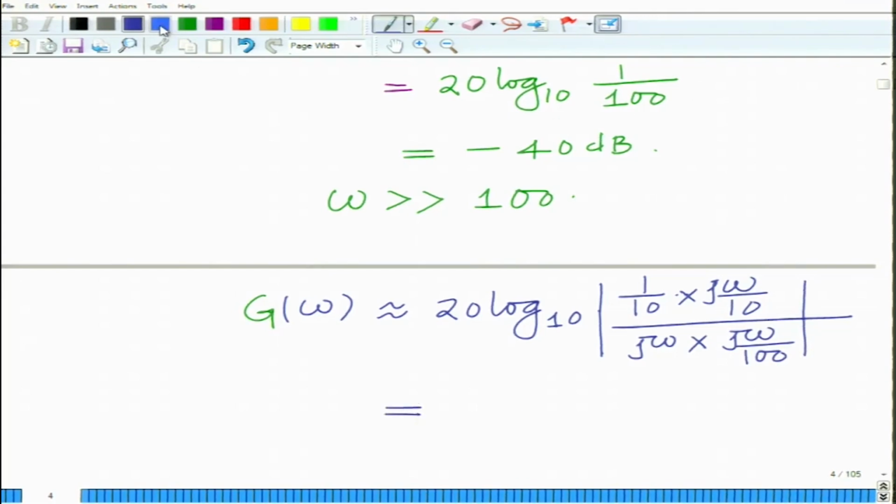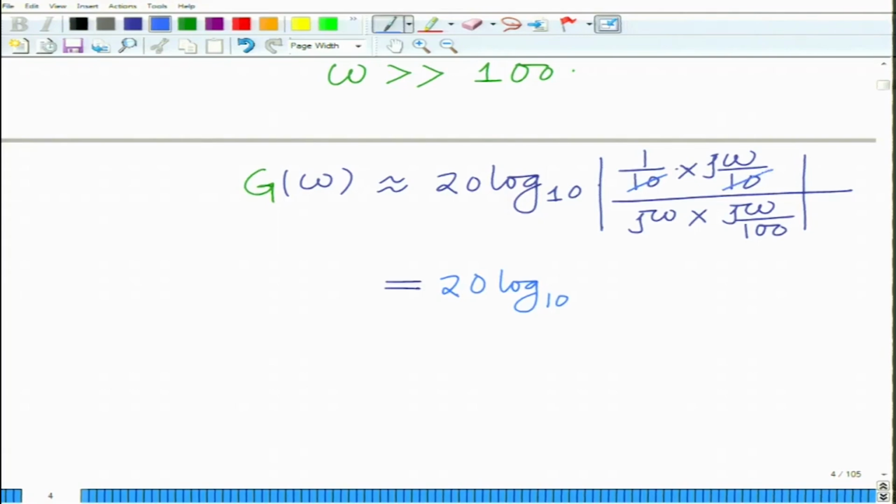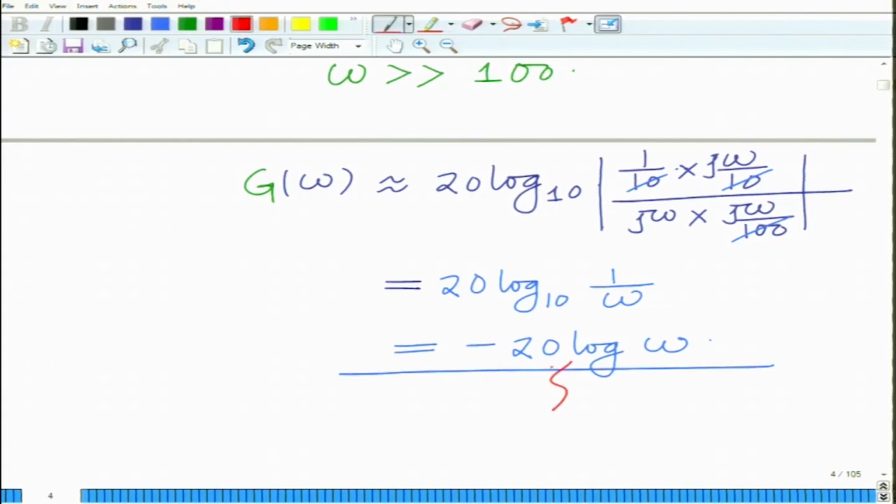So, this is equal to 20 log to the base 10 of 1 over omega, which is equal to minus 20 log to the base 10 omega, which basically again decreases at 20 dB per decade.